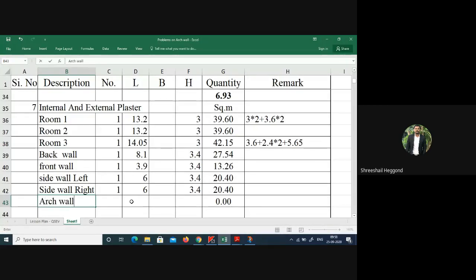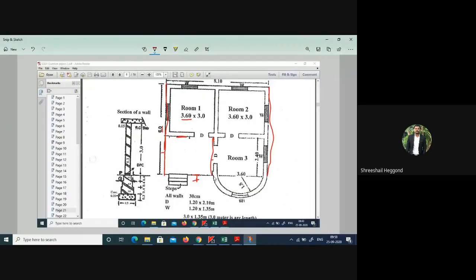Arc wall external length can be calculated as 1. Length can be calculated as how much? That is the external wall length. Internal you have calculated by considering radius as 1.8. Now external you have to calculate, that will be 1.8 plus 0.3.